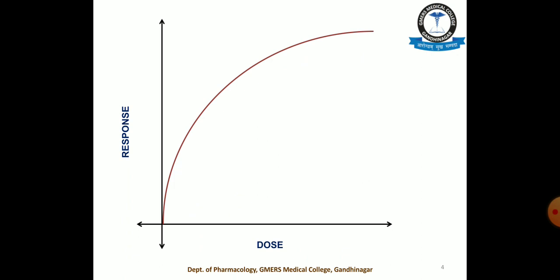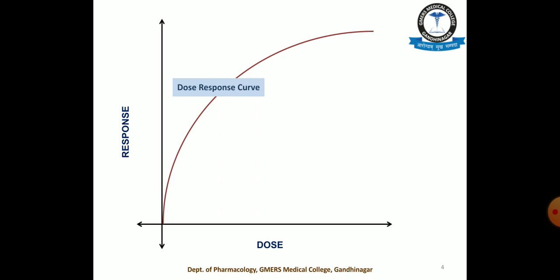But after some time, the rise in the response is not proportionate to the dose. And after some more time, the response reaches a peak, which means even if you further increase the dose, there is no further increase in the response. That is known as the dose response curve, typically a rectangular hyperbola.